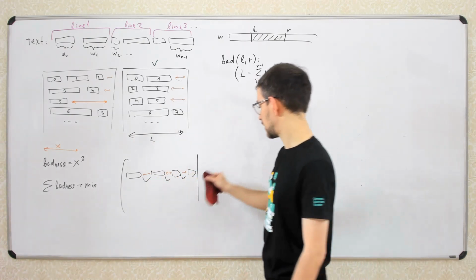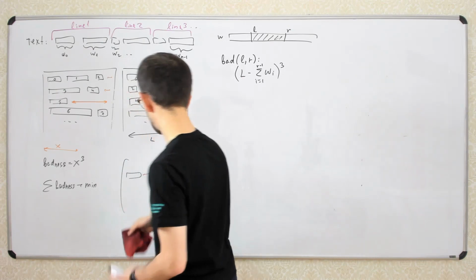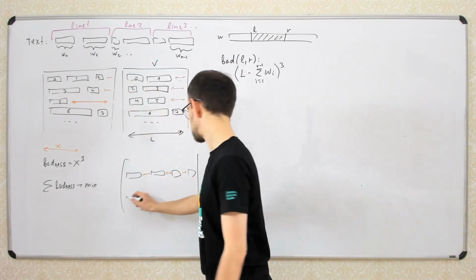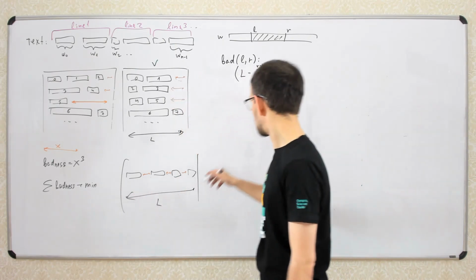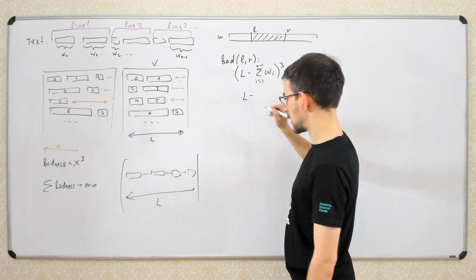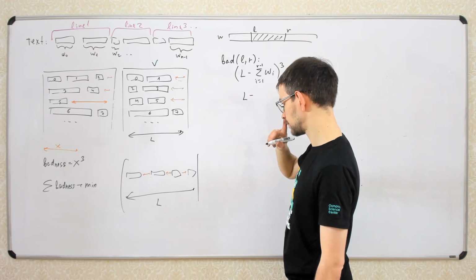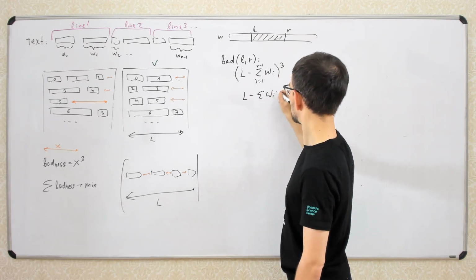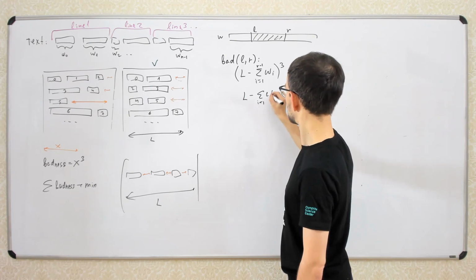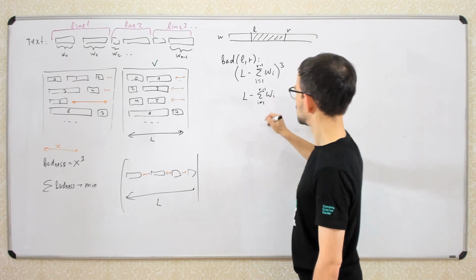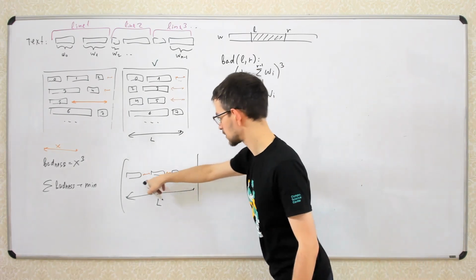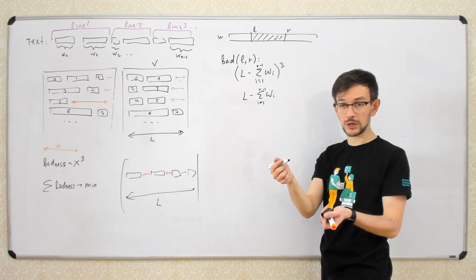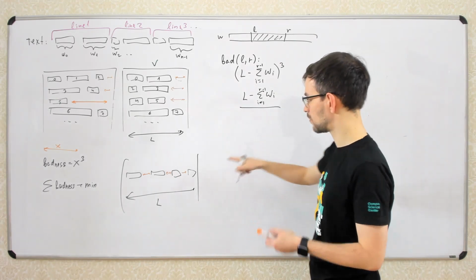So what will the badness be in this case? The total length is L, so we need L minus the sum of the word lengths. This is the total size of all gaps. We need to split these gaps into equal sizes, so we divide by the number of gaps.